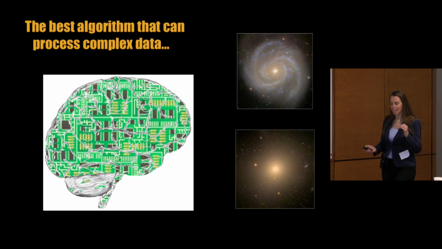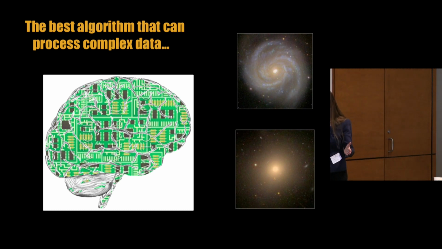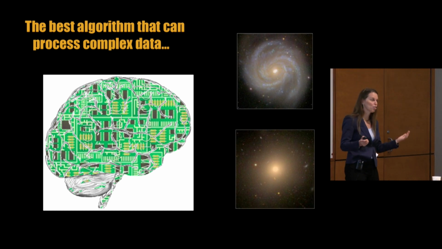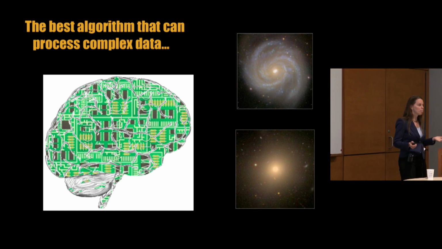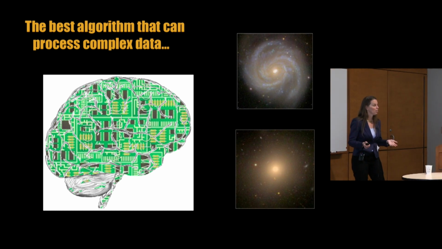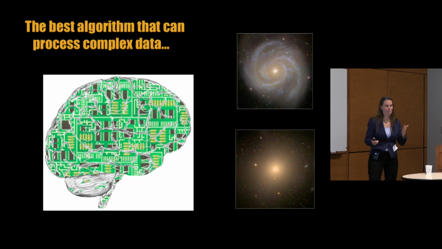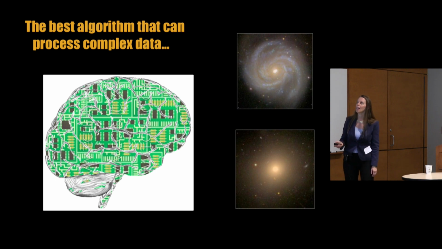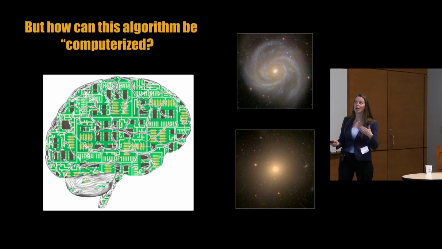So we know that because we had graduate students and even faculty. Their brains may not be as good as the graduate students, but we had the human brain in the beginning doing the morphological classifications. So we know that the brain is the best thing to use at this point. The question is, how can we parallelize this, right? So how can we computerize, if you will, that best algorithm?